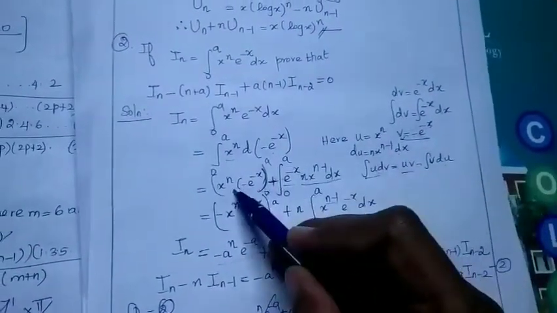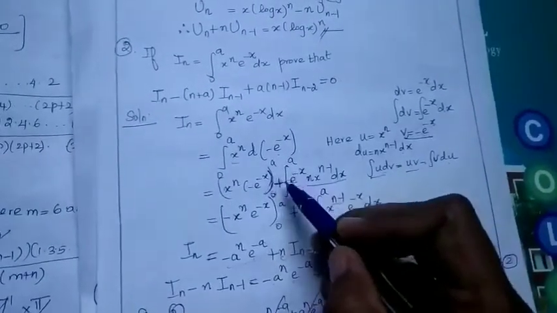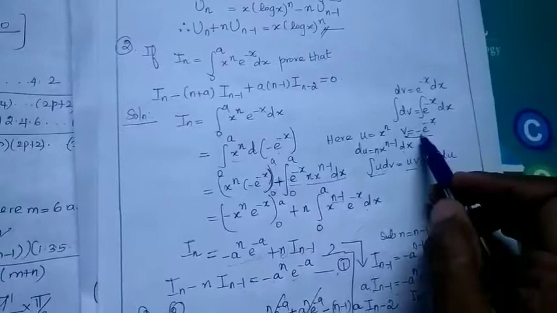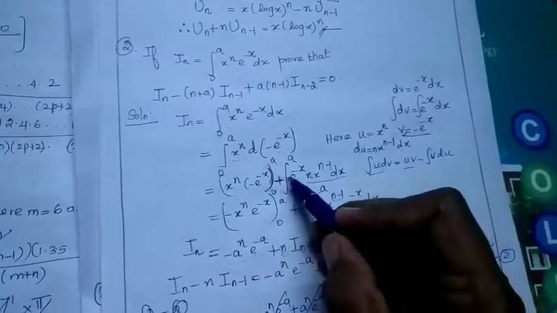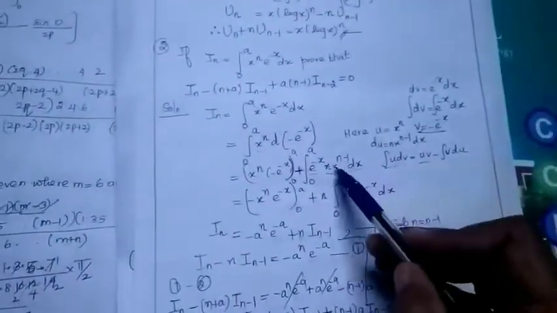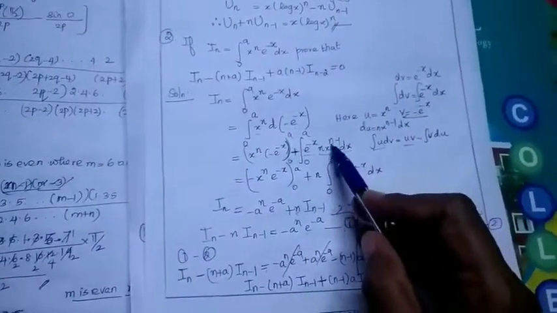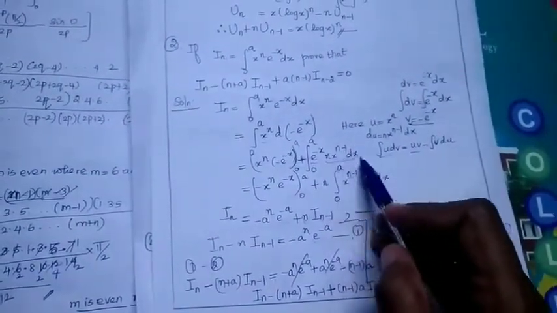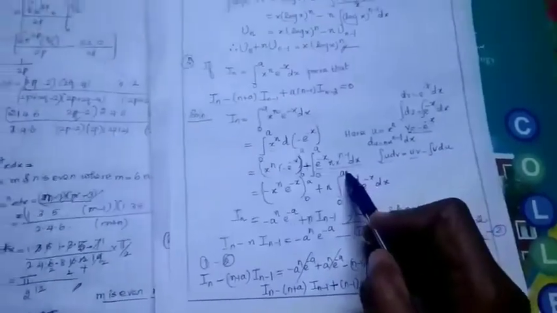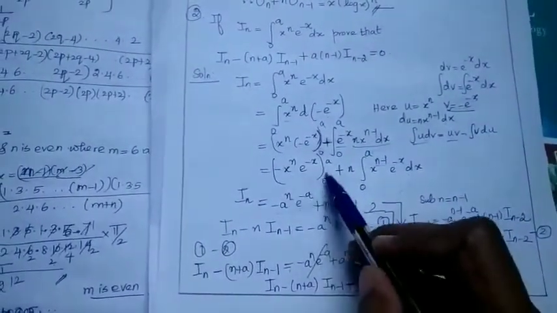So that's all. You can directly substitute in the formula. uv is x^n times minus e^(-x), limits 0 to a, minus integral v du. v is minus e^(-x), so minus of minus will become plus. That's why I have written plus here. Integral 0 to a e^(-x) times n x^(n-1) dx.